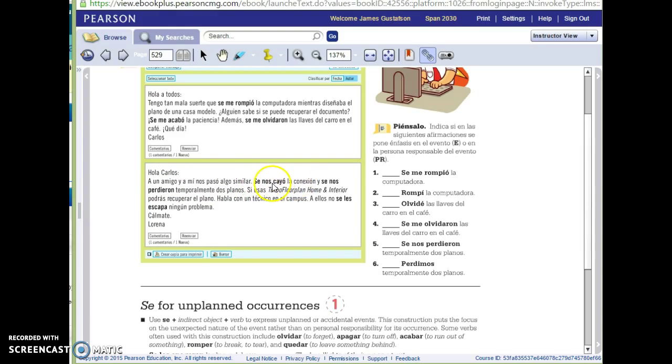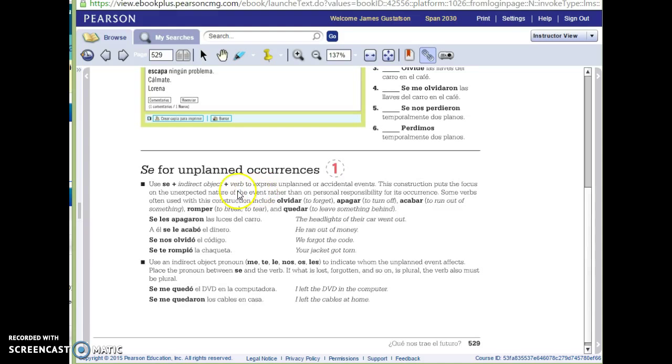"Se nos cayó la conexión." The connection fell down on us. You have your "se," your third person verb form, and then whoever had the problem is reflected here. And this is "nos." So this pronoun here is always going to be either me, te, le, nos, or les. Indirect object pronoun. Right.